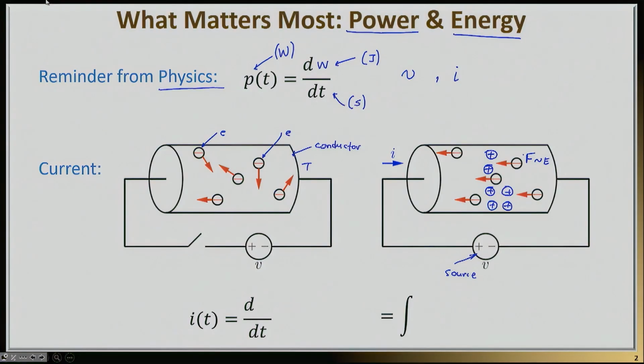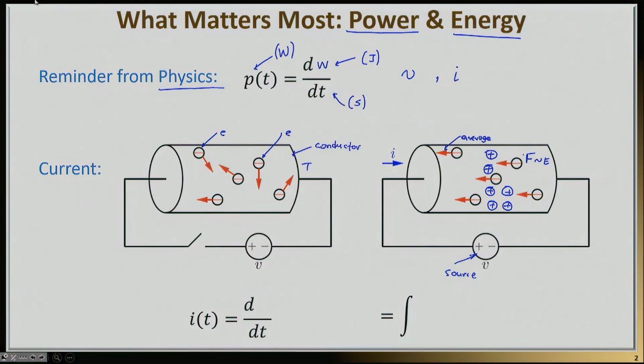But eventually, after all of these collisions are taken into account, there's going to be some average speed with which they move, in this case, to the left. It's precisely this average net speed that we can see as a flow of electrons, or as we call it in physics, as current.